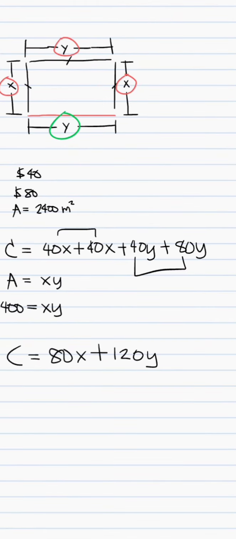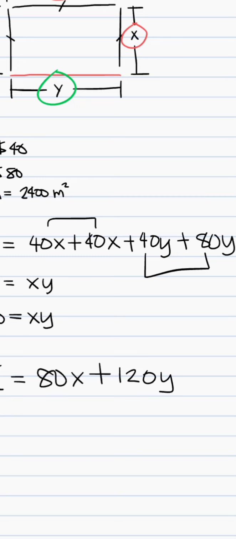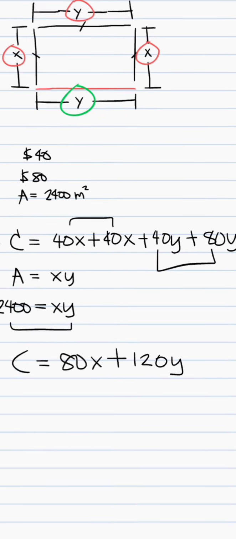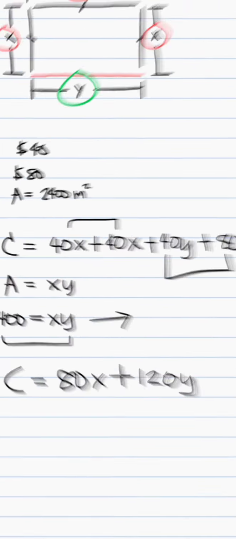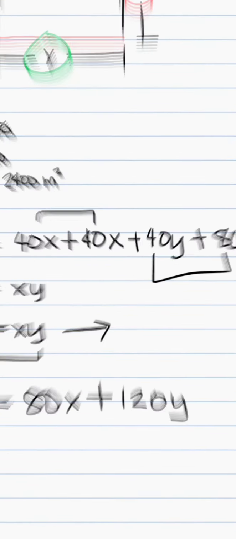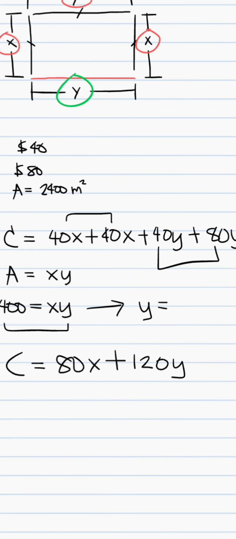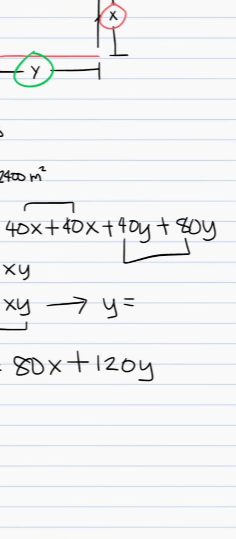Now, since we have three variables here, we need to take advantage of this other equation so that we can have at least one unknown. If we rearrange this and divide both sides by x, we can say that y is equal to 2400 over x.